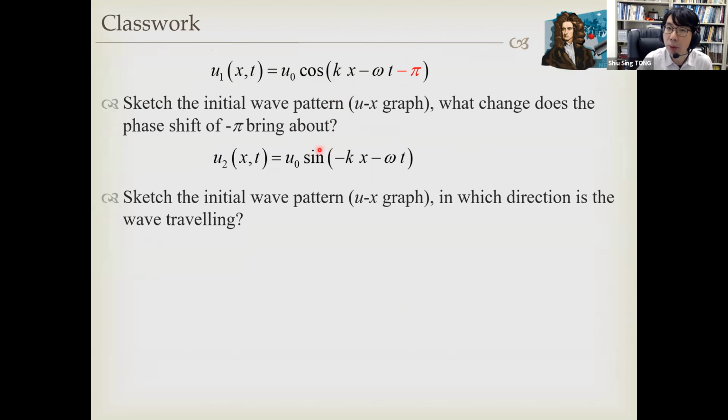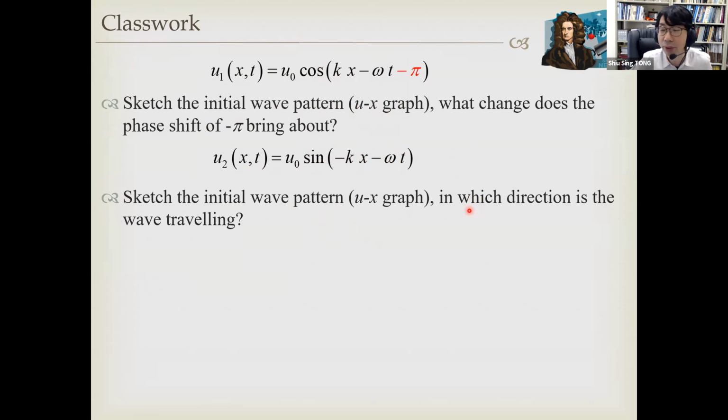Now let's see this example. You have two waves here. One wave is the cosine of kx minus omega t minus pi, and the other wave has inside the bracket minus kx minus omega t. So can you sketch the initial wave pattern, that is the wave pattern at time 0, and state the direction of travel of the two waves?